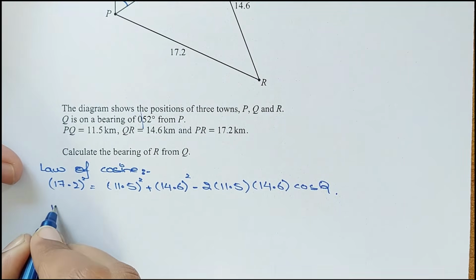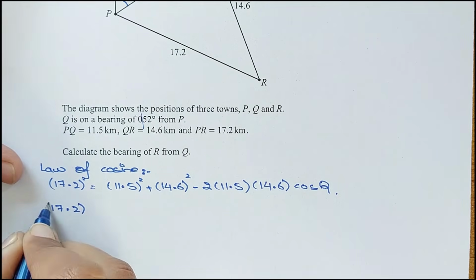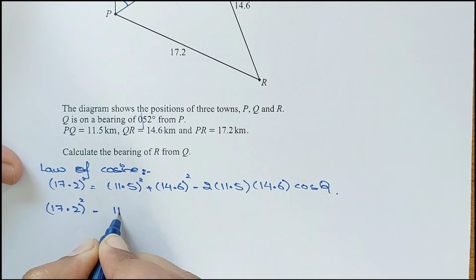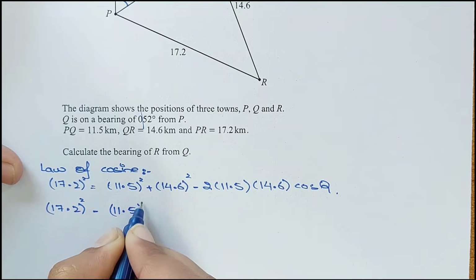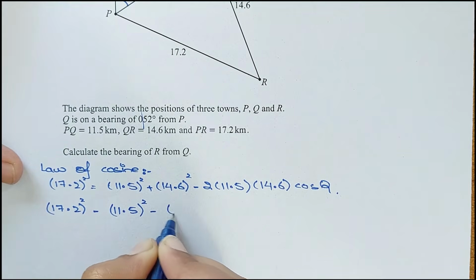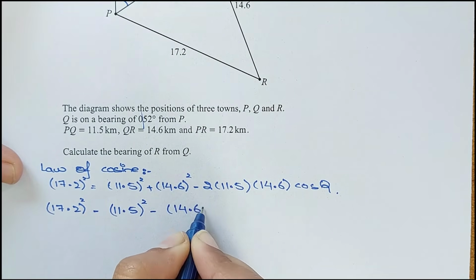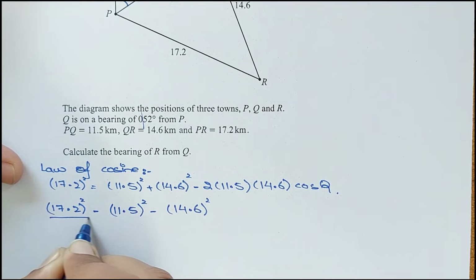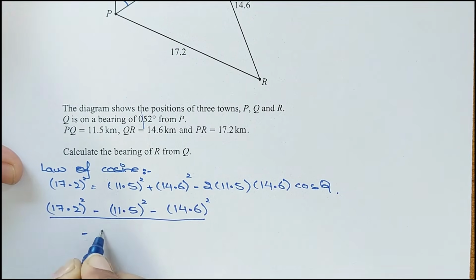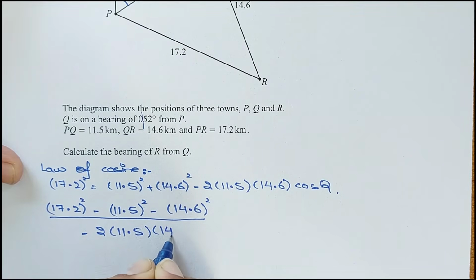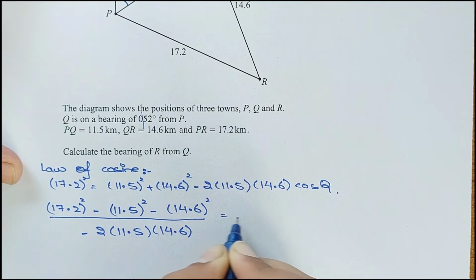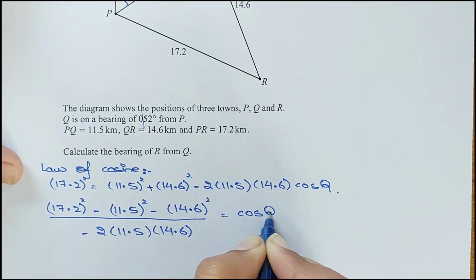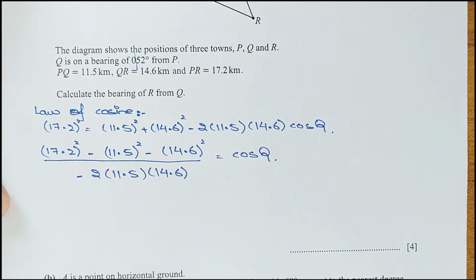So 17.2 squared minus 11.5 squared minus 14.6 squared, divided by negative 2 times 11.5 times 14.6, is equal to cos of angle Q, and to get Q we do cos inverse, right?